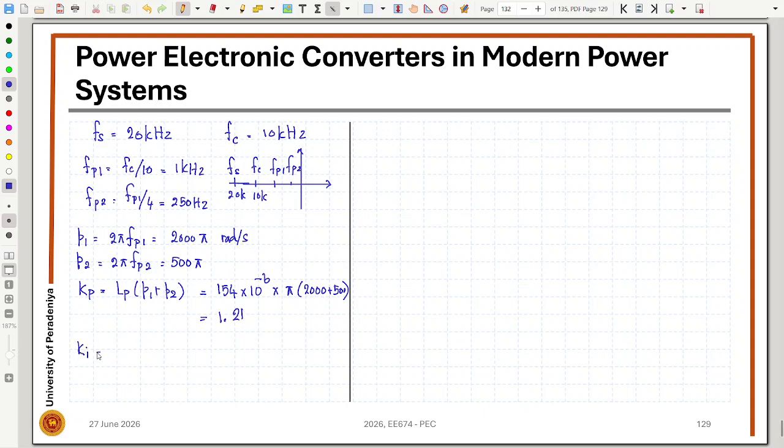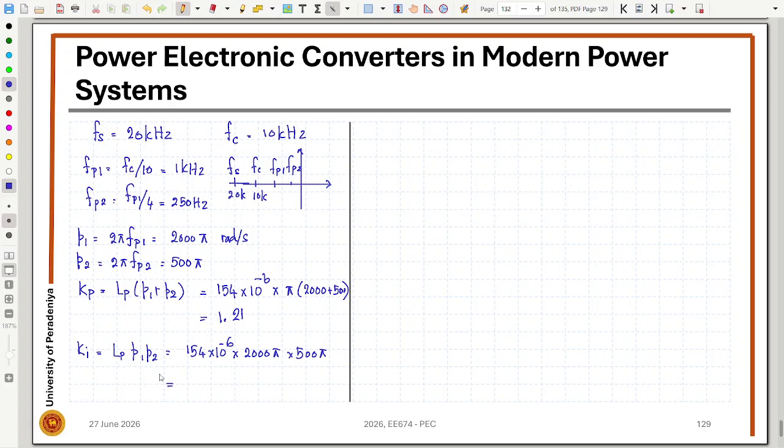Then we have the integral gain, which is Lp times P1 P2. So we have 154 times 10 to the minus 6, P1 is 2005 and we have 505.